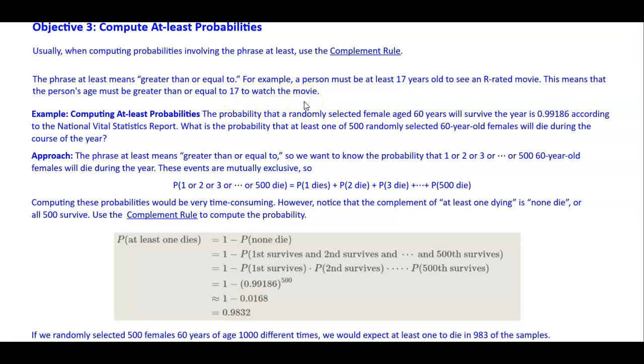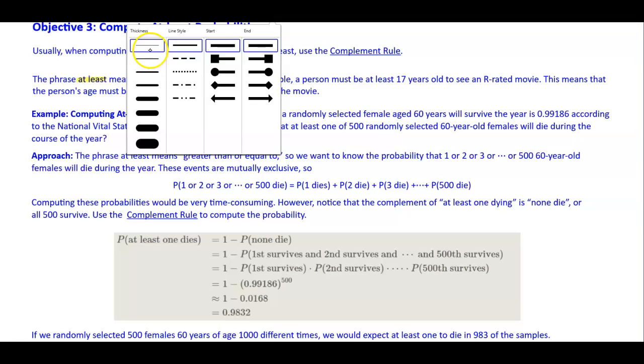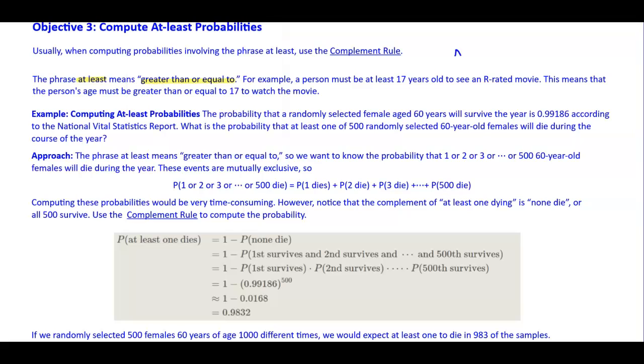This means that the person's age must be greater than or equal to 17 to watch the movie. So remember, "at least" represents greater than or equal to. Now, before we move any further, let's say we were talking about "at most."